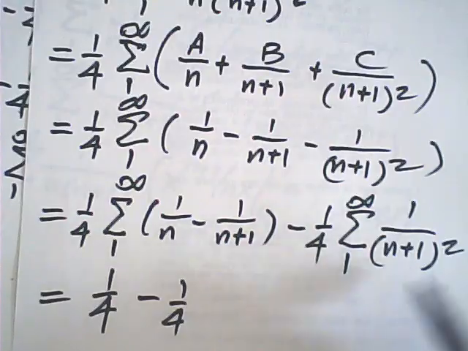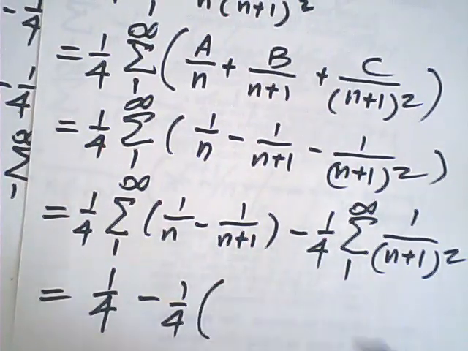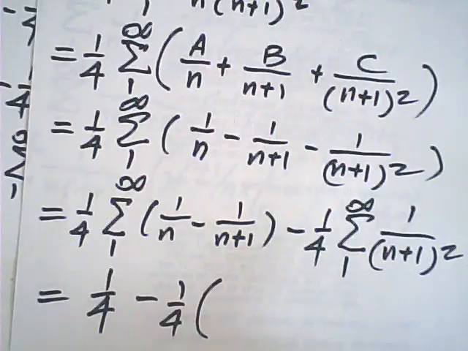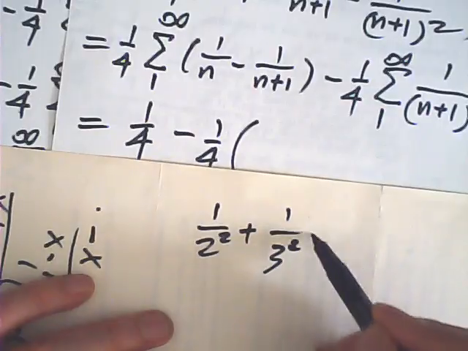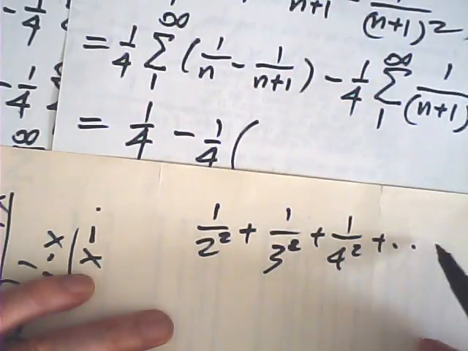This is equal to what? This is equal to 1 over 2 squared plus 1 over 3 squared plus 1 over 4 squared and so on, right? If we add 1, that will be the Basel problem, no? We're missing 1.